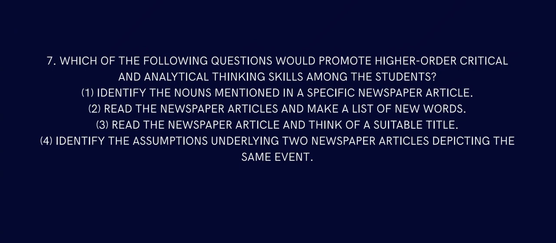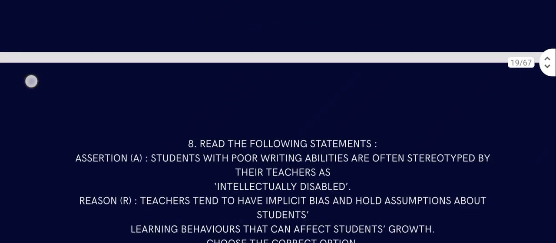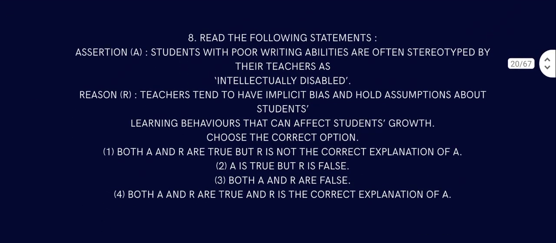Read the newspaper article and think of a suitable title. That also doesn't really need higher order critical and analytical thinking skills. Identify the assumptions underlying two newspaper articles depicting the same event. So that's the answer, because it is a tough one. That needs higher order critical thinking skills, because you are assuming something and you are comparing something.